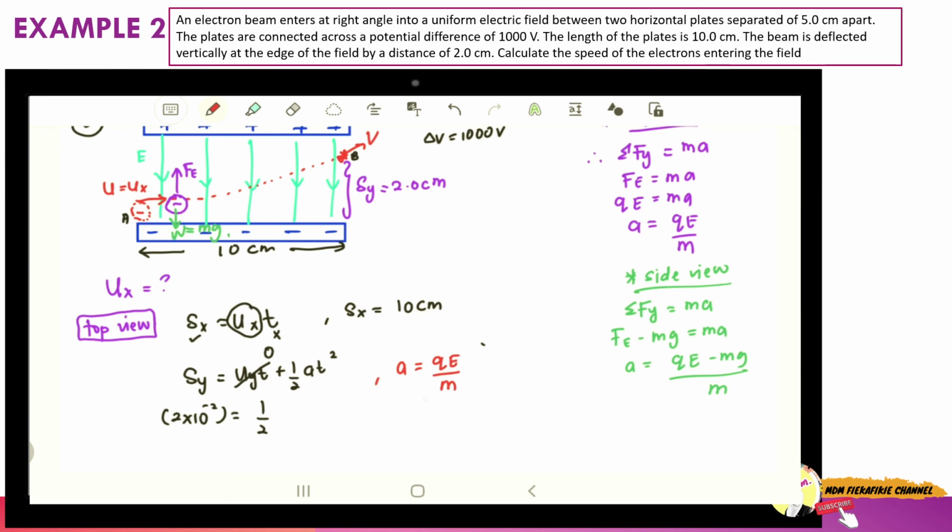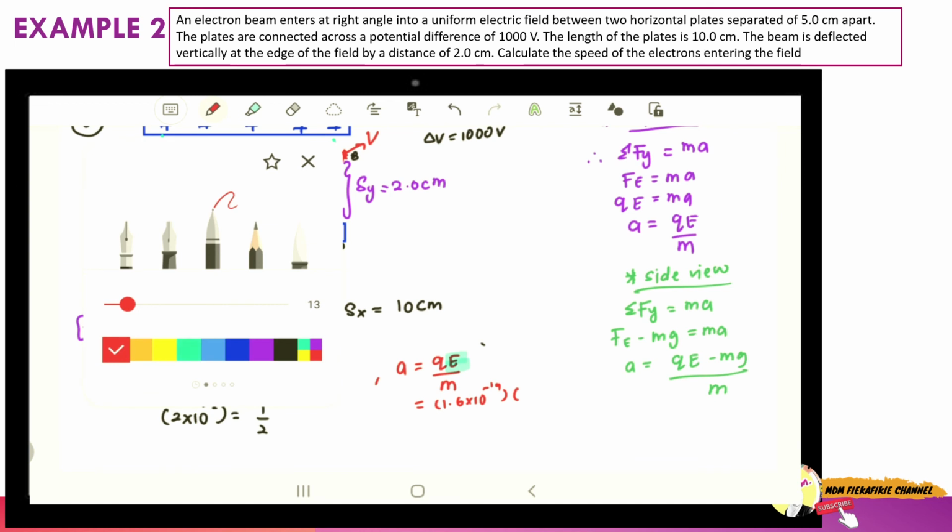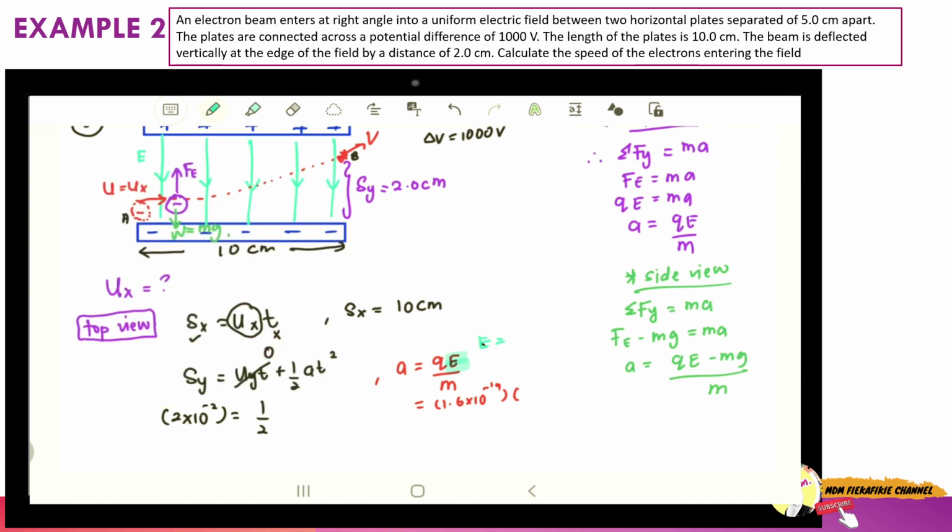Cuba kita substitute the value of Q, the charge of the electron. So it's 1.6 times 10 power of negative 19. E is the electric field, where the electric field is equal to V over D. So you masukkan kat sini lah. V dia dah bagi 1000 over D. The separation between the plates is given as 5 cm.